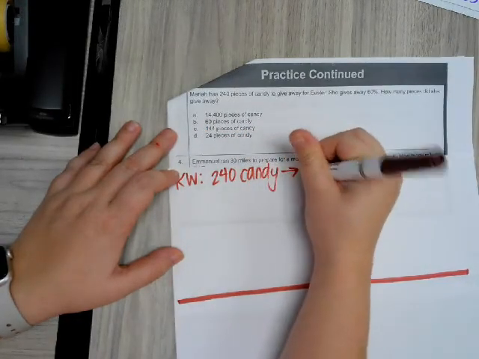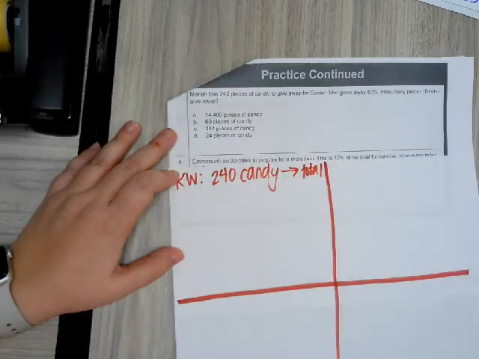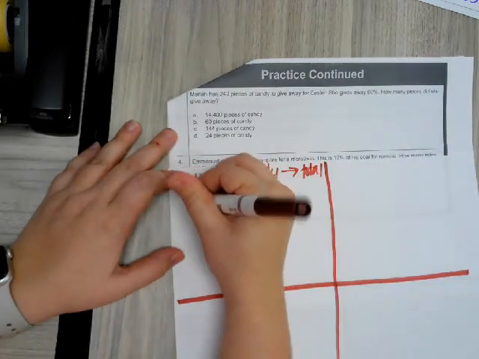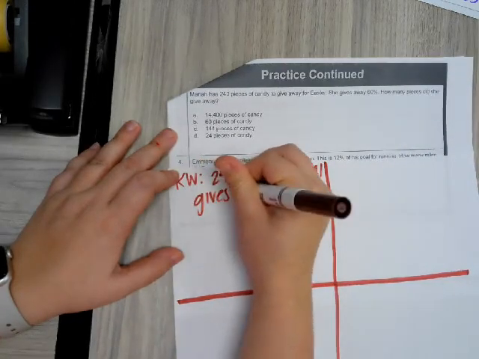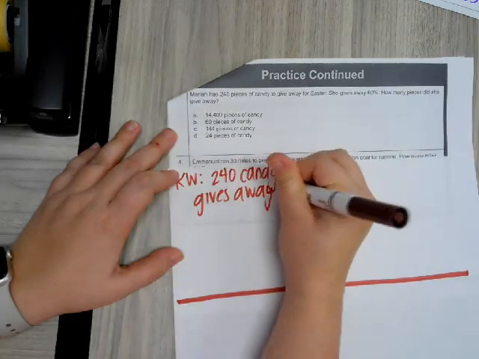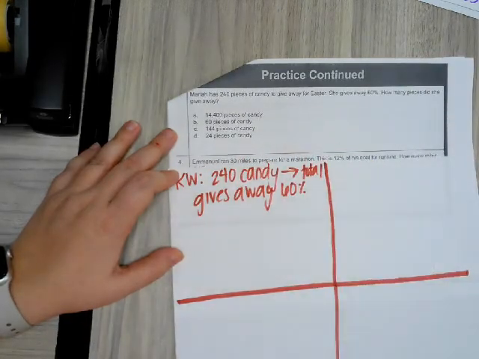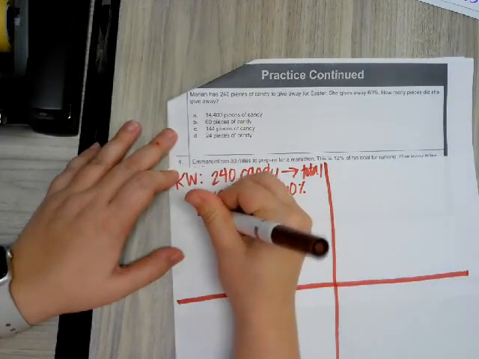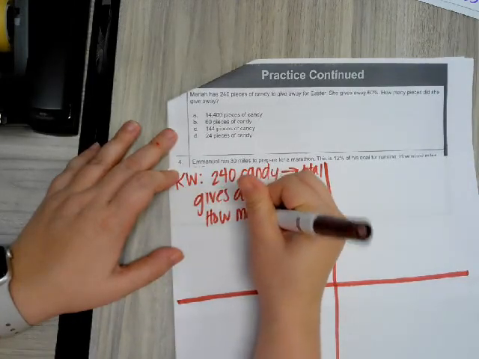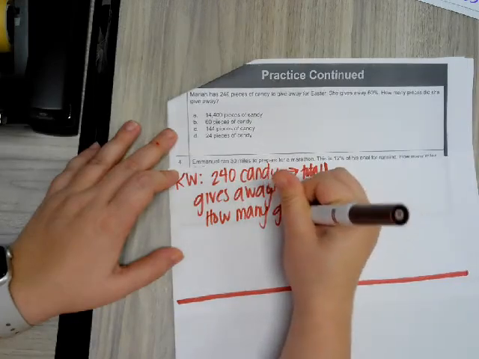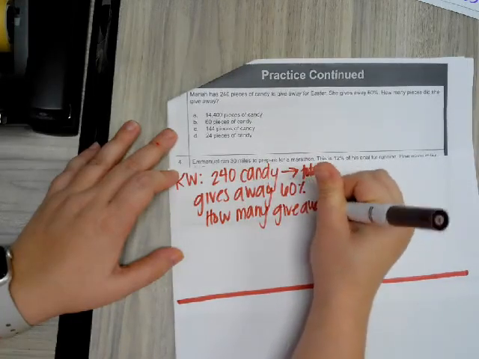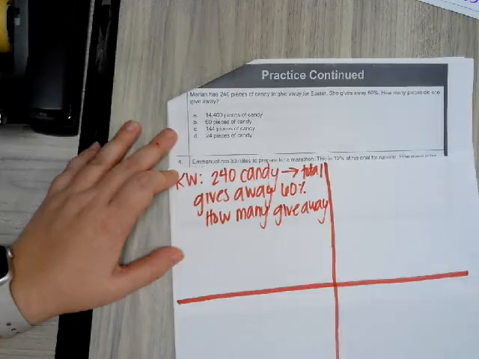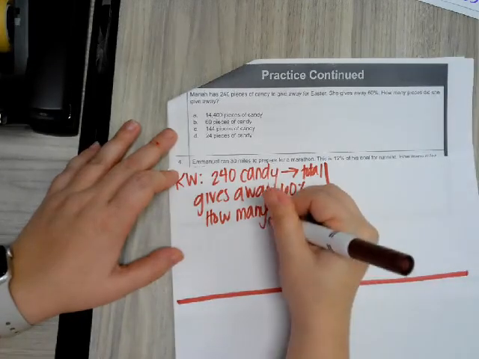She gives away 60%. They want to know how many she gives away. Did she give away everything? No. So we know that this is going to be my part.